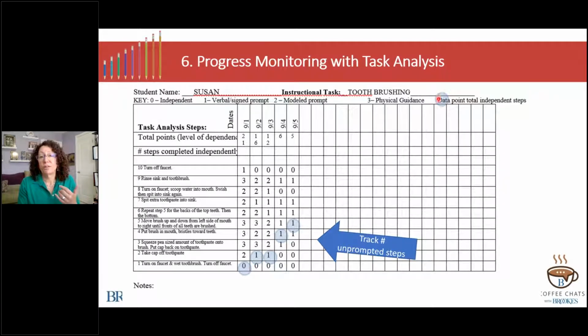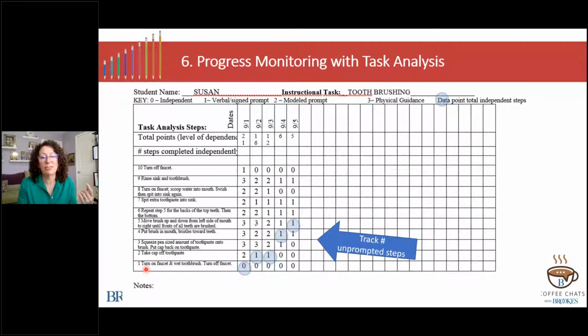So these circles that are on the graph are indicating how many steps she completed independently. So on this day, on 9/1, she completed 1 step independently. And so I put a dot on 1.